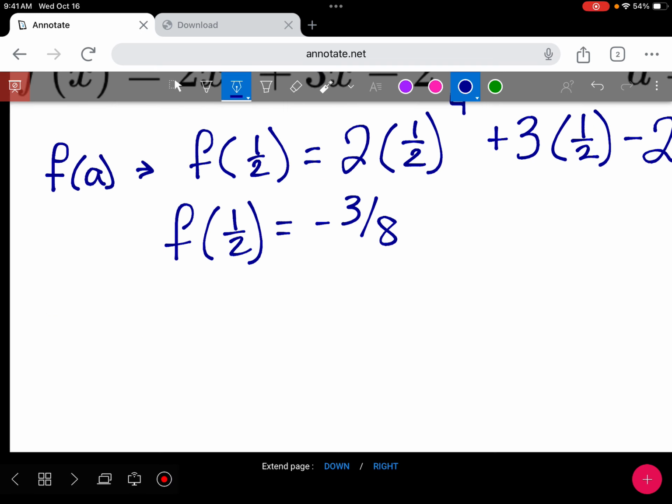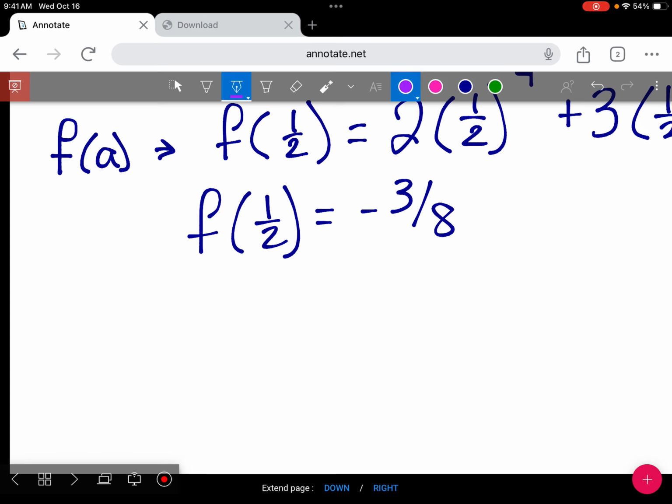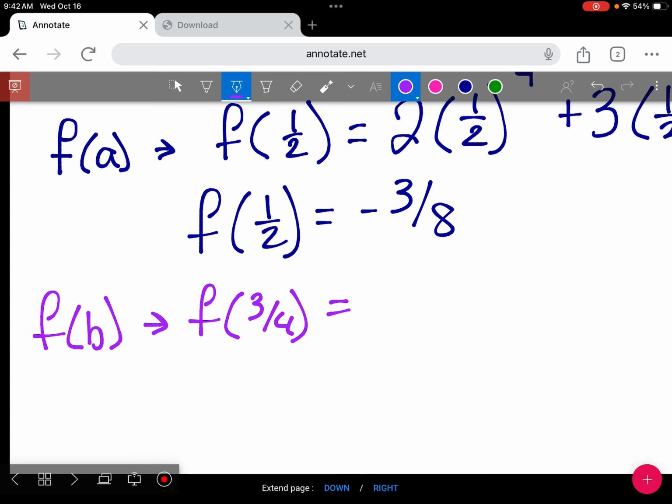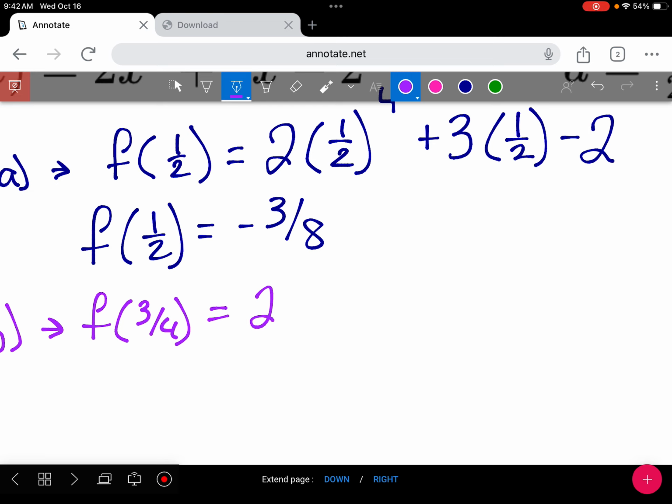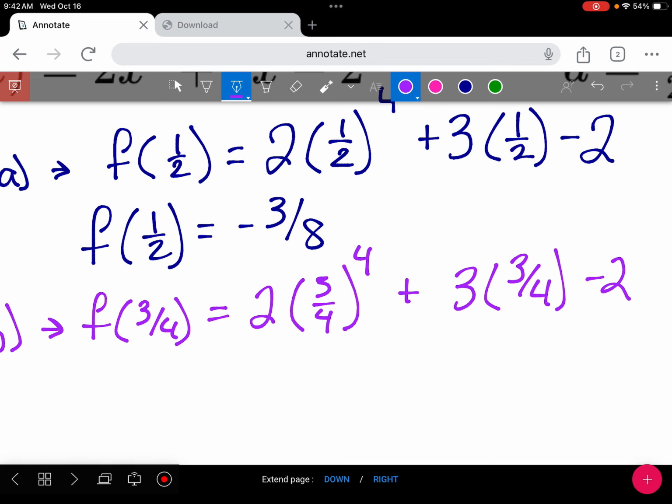We're going to do the same thing with our b of 3/4. F of b, that's my f of 3/4. So we're going to have our 2 times 3/4 to the 4th plus 3 times 3/4 minus 2.